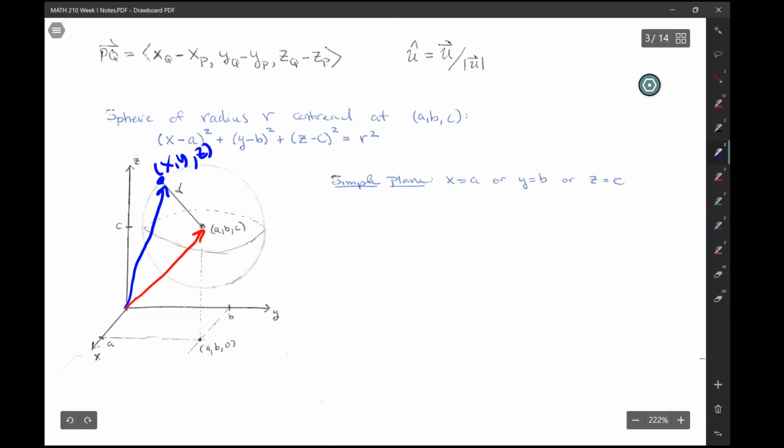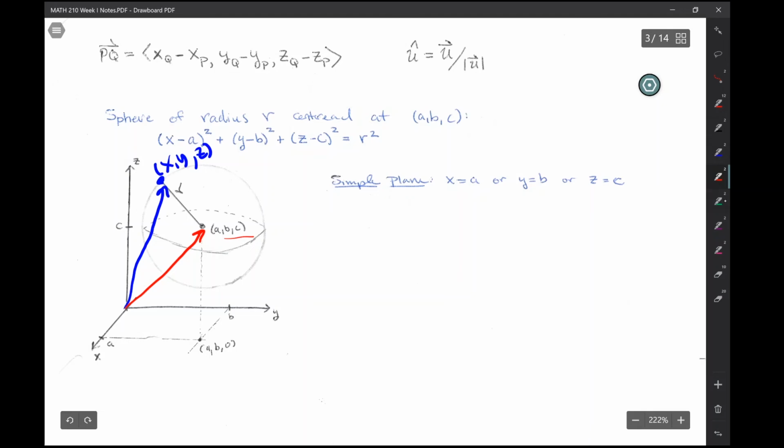Now, what's the vector XYZ minus the red vector ABC? And again, here this is the vector ABC. You could view it as the vector ABC.